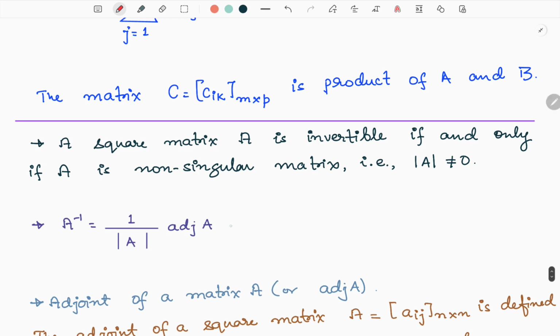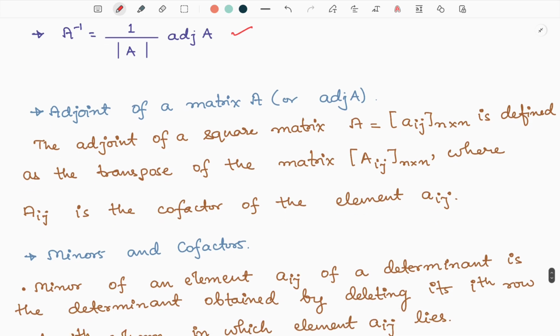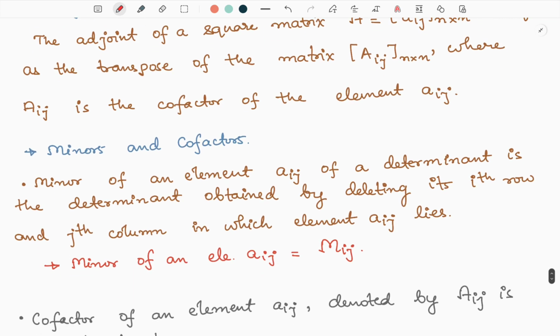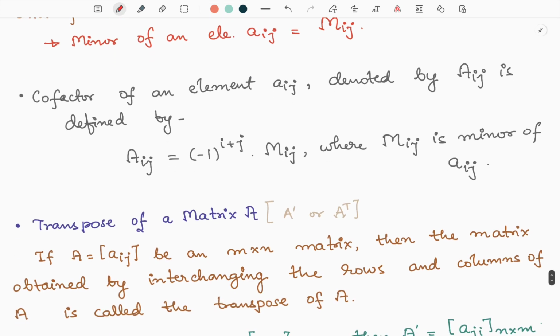The inverse formula is 1 by mod A adjoint of A. In the third I have given what is the adjoint of a matrix. And for the adjoint of a matrix, you should know what are minors and cofactors. Then I have given the definition of minors and cofactors. And then I have given the definition of transpose of a matrix, because in the adjoint, after calculating the cofactors, you have to take the transpose of that matrix.